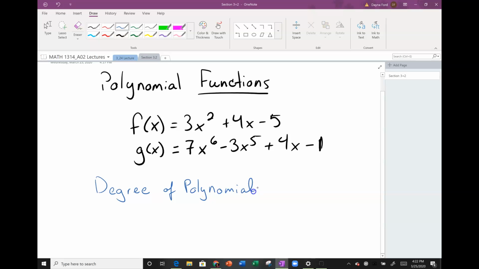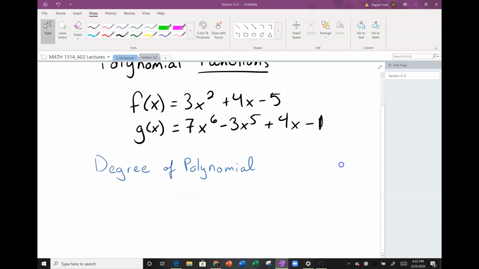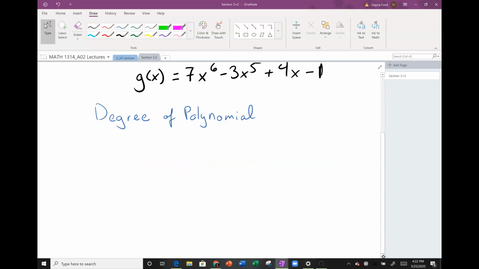When we're looking at the degree of a polynomial, remember what we're looking at is that largest exponent when it is written in standard form.